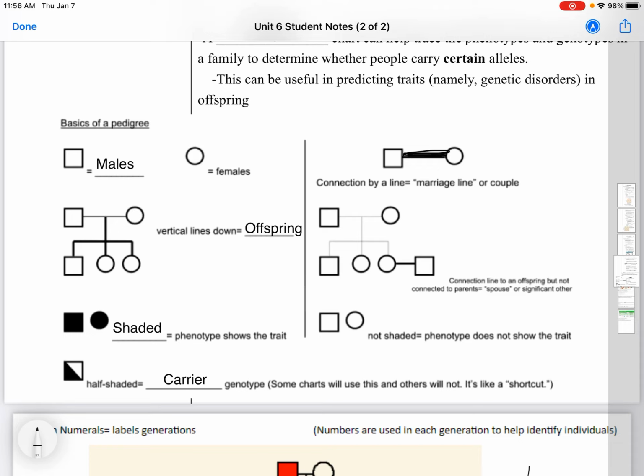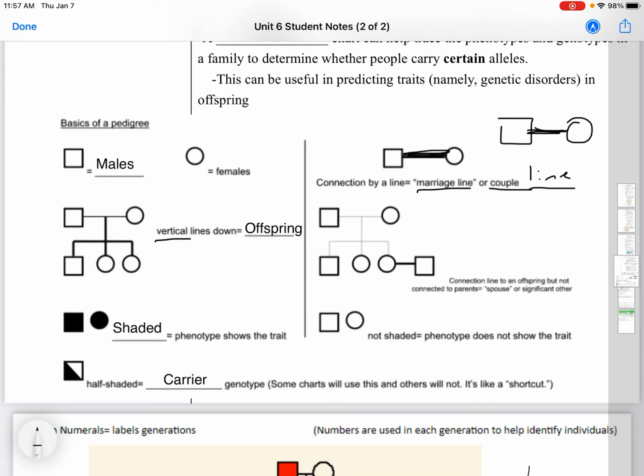That's why I don't really like the term marriage line. It's kind of dated. So you might hear it called couple line or something like that. Just know anytime you see this horizontal line connecting a male and a female, that line means that they have a relationship, in fact, that they're going to have kids together. So that's the horizontal line.